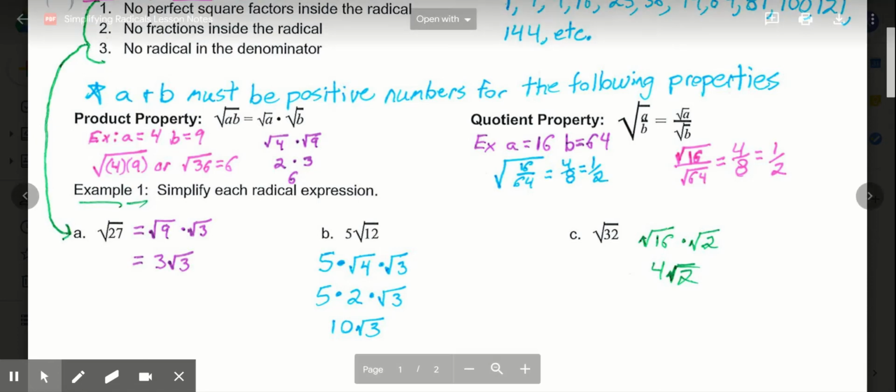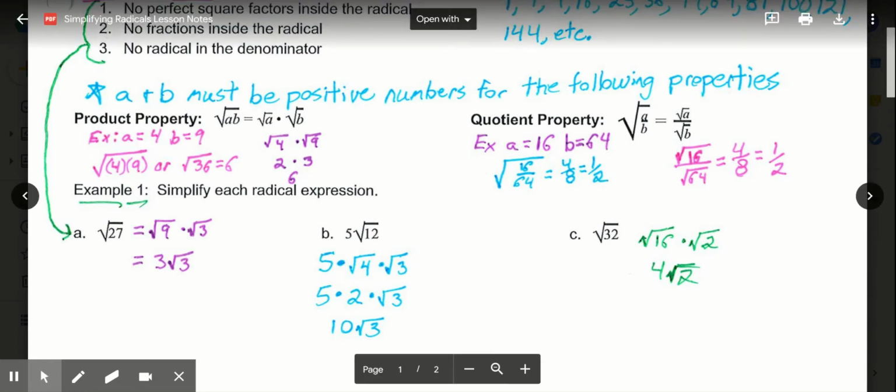Or we can split it: square root of 16 over square root of 64. Square root of 16 is 4, square root of 64 is 8, and that equals 1/2. These properties are what allow us to simplify different radical setups.